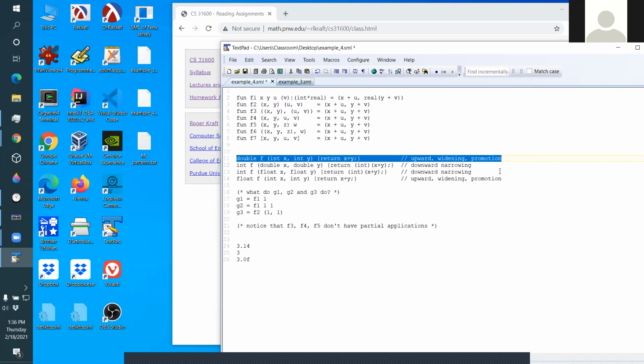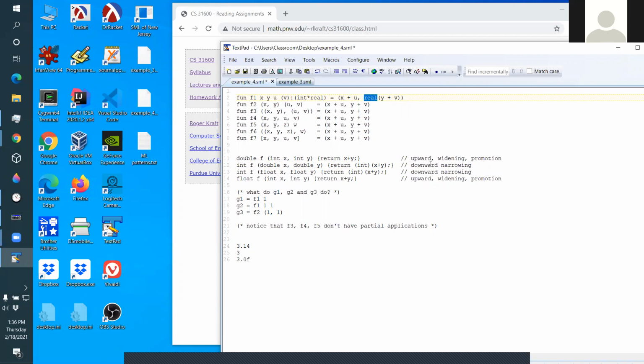But when the Rust language was invented, it was invented without widening casts. You do not get promotions from int to real for free. You've got to do like ML. You have to say, convert it from an int to a real. You have to do the upward cast yourself. You don't get upward cast for free, and you never get downward cast for free.